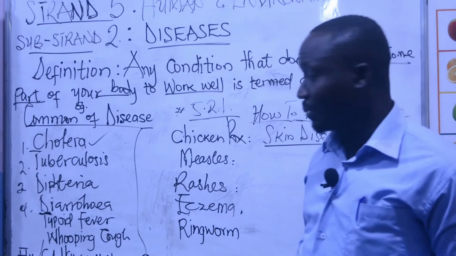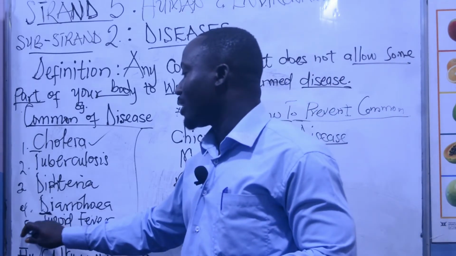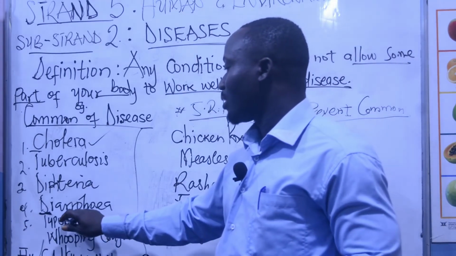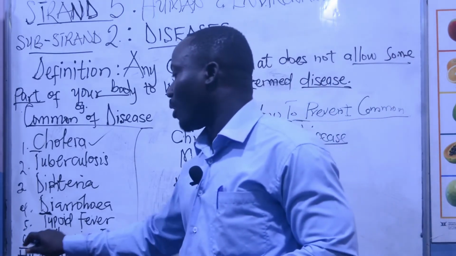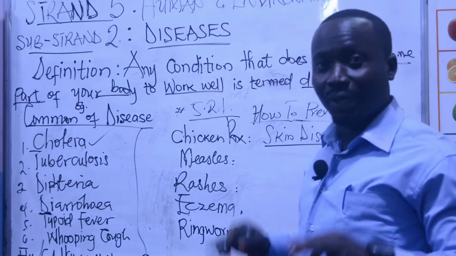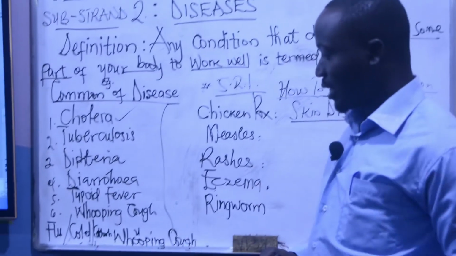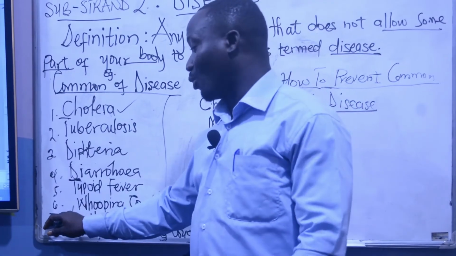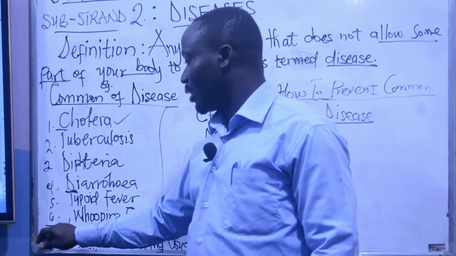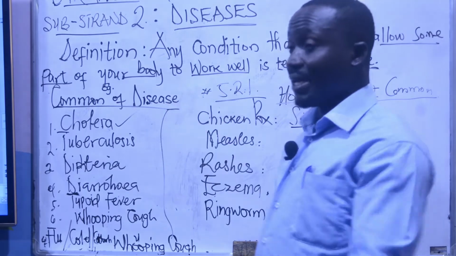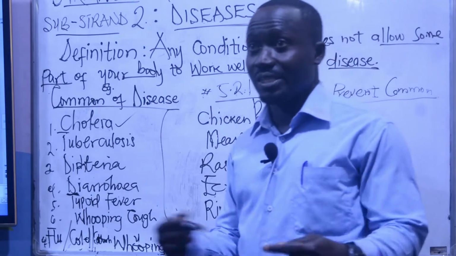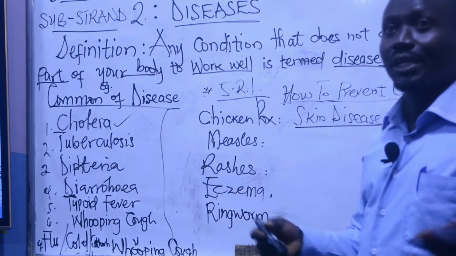Diarrhea is also an example of disease. Then typhoid fever is also a disease. We have whooping cough. Whooping cough is an example of disease. We also have flu or cold, another example of disease. We have many other examples of diseases that we encounter on a daily basis.